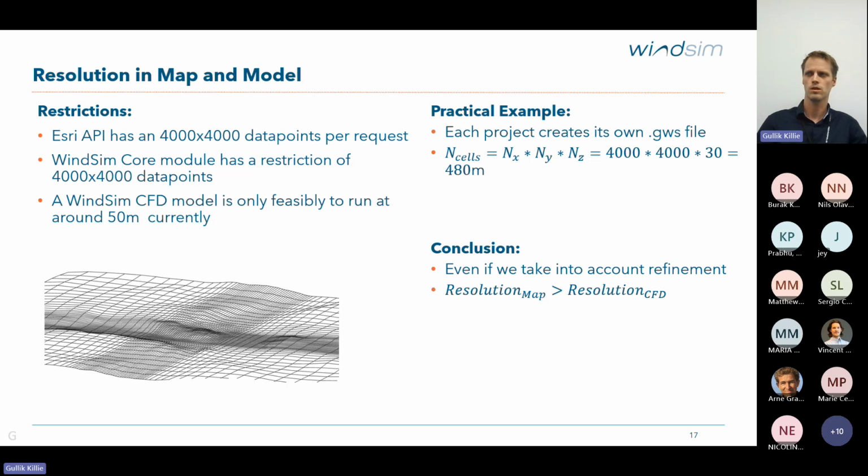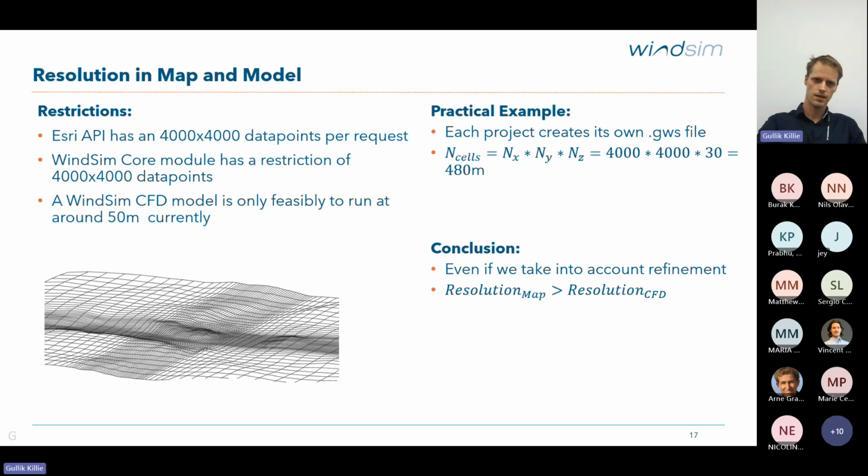And then what is our map module doing with that, and what does that mean for our CFD simulation and so on? So I wanted to do a slight napkin calculation to clarify that.